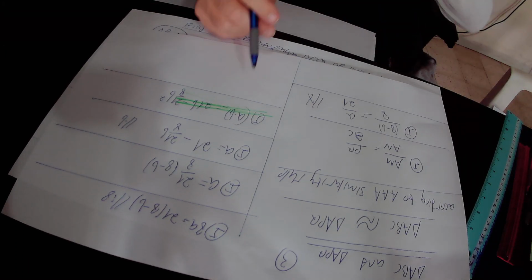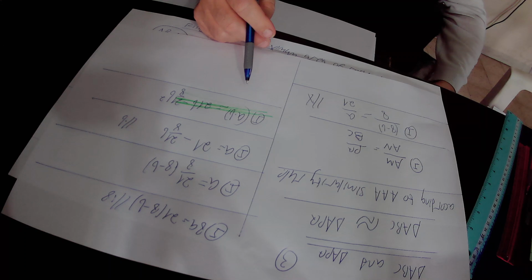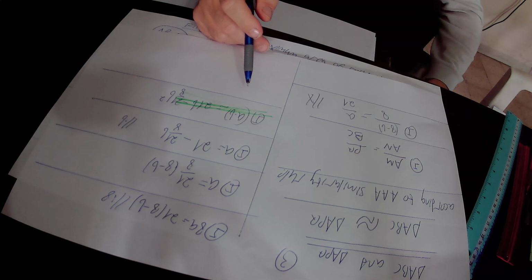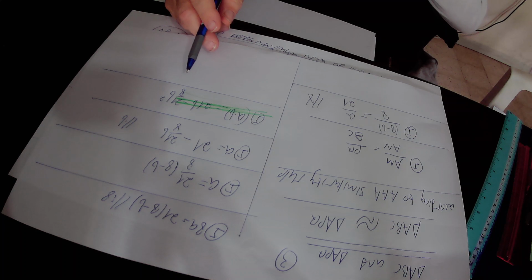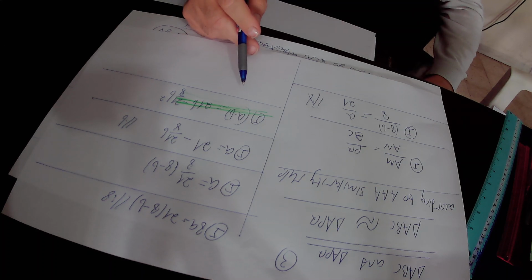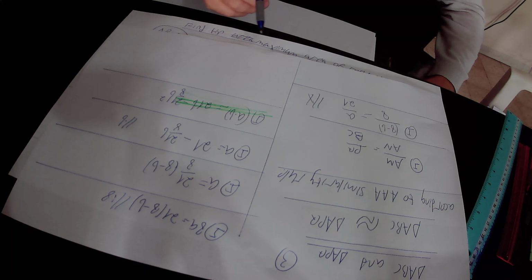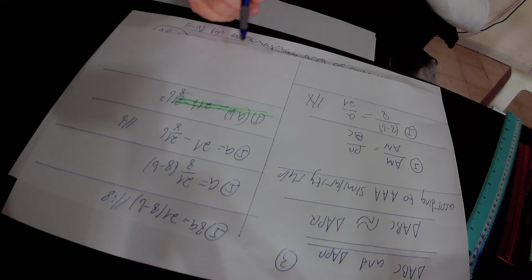That is to say, according to equation 1, we actually found out that the area of rectangle PQST equals 21 times B minus 21 over 8 times B squared. This function is the area of rectangle PQST as function of B, as function of the width B.